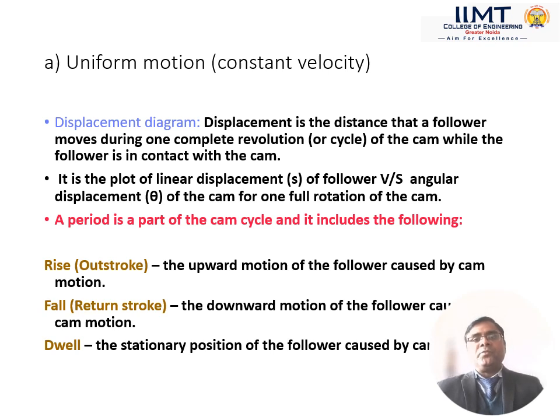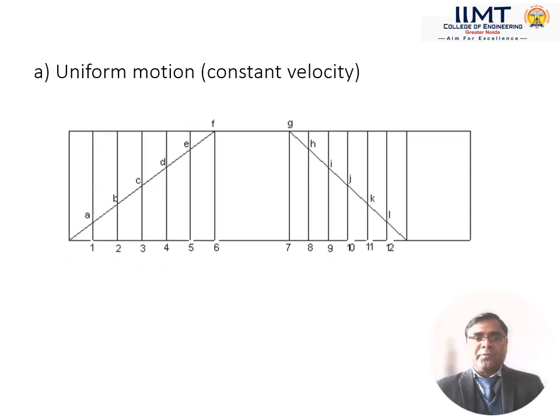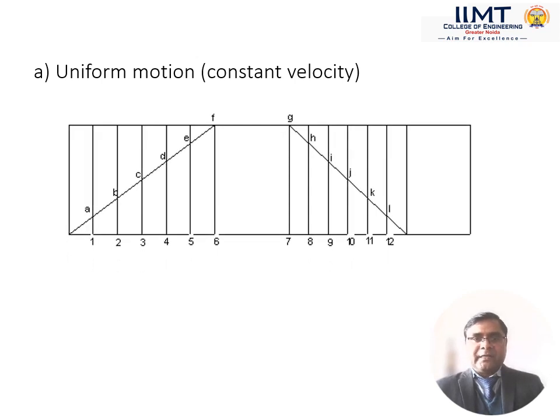In a uniform velocity motion, the displacement of the follower is basically proportional to the angle of rotation of the cam. So if we draw the curve between the angle of rotation of the cam and the follower displacement, the curve is a straight line.